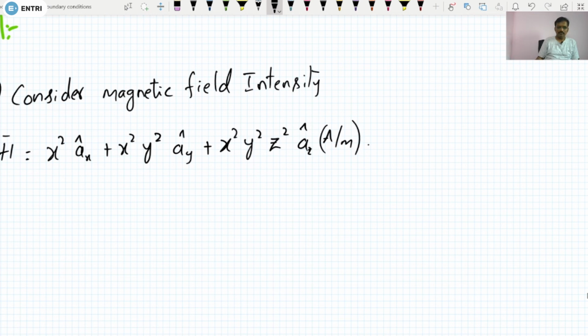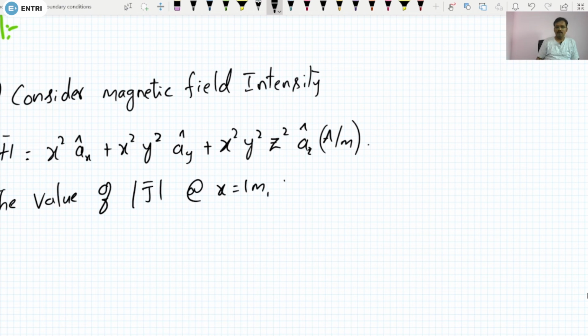Okay, so they have given the magnetic field intensity and they are asking the value of magnitude of J bar at x equal to 1 meter, y equal to 1 meter and z equal to 1 meter. So at x equal to 1, y equal to 1 and z equal to 1, they are asking us to determine the value of what? The value of magnitude of J bar.